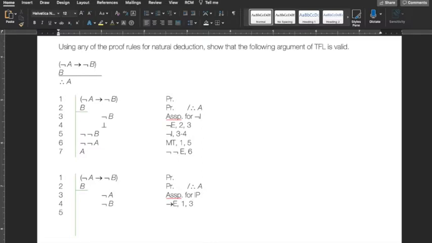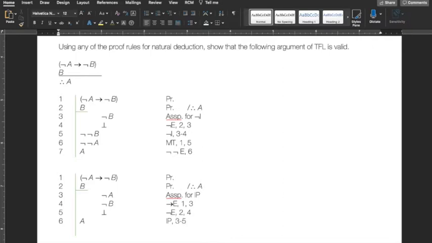And then, since we have B and not B, that gives us a contradiction, always justified by negation elimination. And that was lines 2 and 4. And an indirect proof ends when we have a contradiction. That allows us to add the sentence itself, A. So that was by indirect proof, lines 3 to 5.